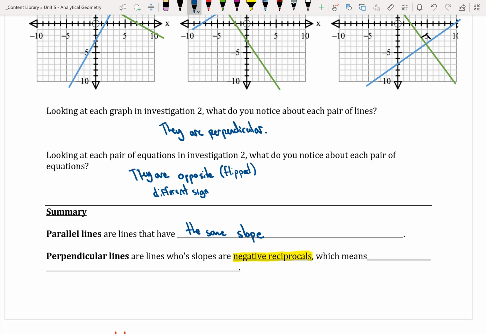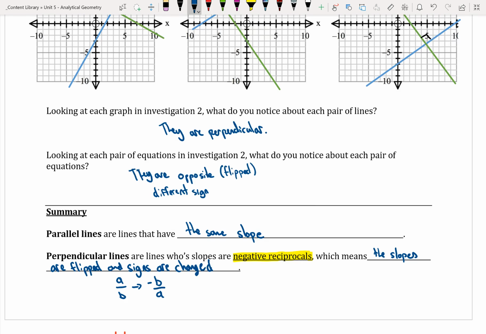Negative reciprocals is just a fancy word which means that the slopes are flipped and signs are changed. In other words, if we had a slope that's a over b, the negative reciprocal is now negative b over a. So we're flipping the fraction and we're changing the sign.